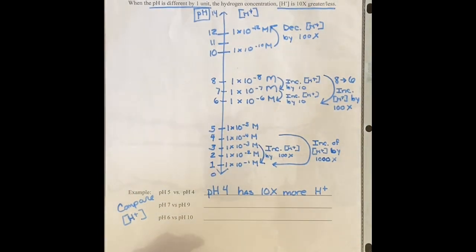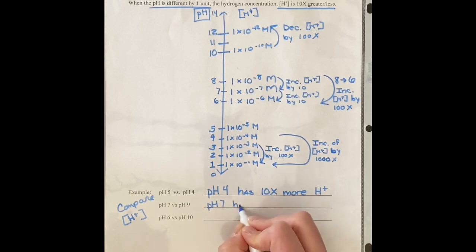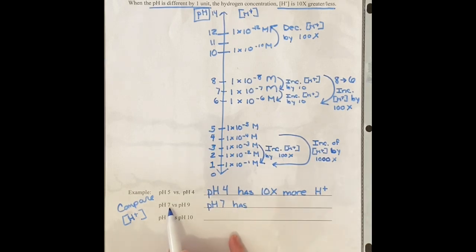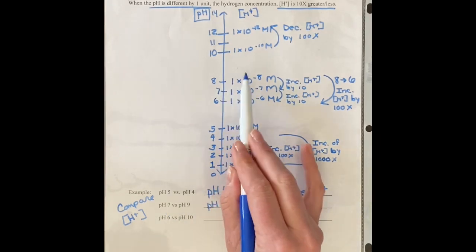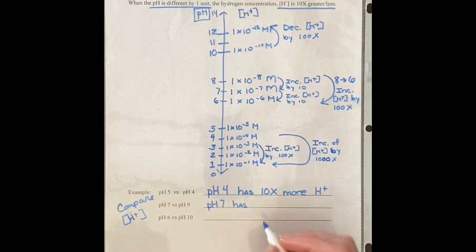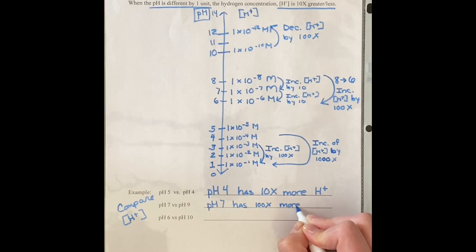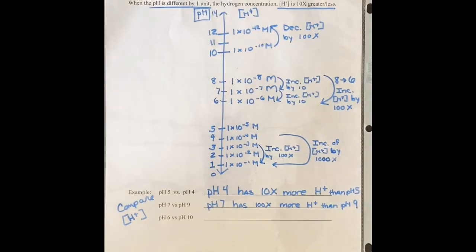All right, for 7 versus 9, I would say that a pH of 7 has what? Well, it's a jump of 2 units, 7 to 8 to 9. So that's 10 times 10. A pH of 7 has 100 times more hydrogen than a pH of 9. Actually, I should put that in there, pH of 7, then pH of 9, just so we know what we're comparing.